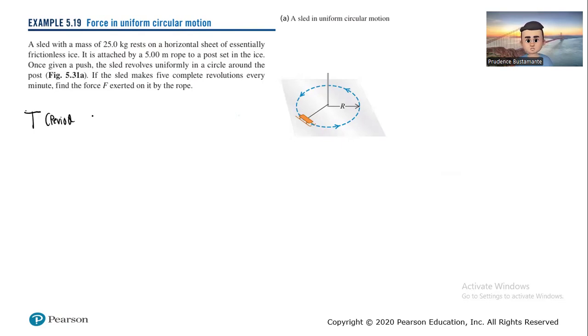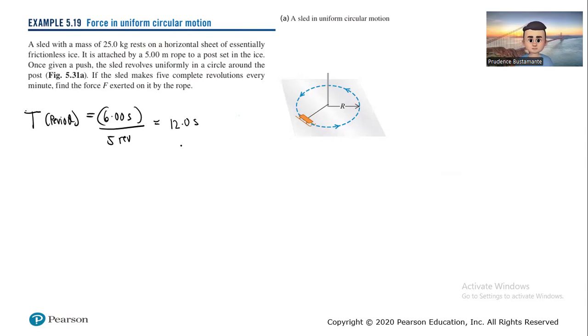Okay, so first the period is given by this kind of problem. So this is 60.0 seconds per 5 revolutions. So meaning the period is 12.0 seconds.